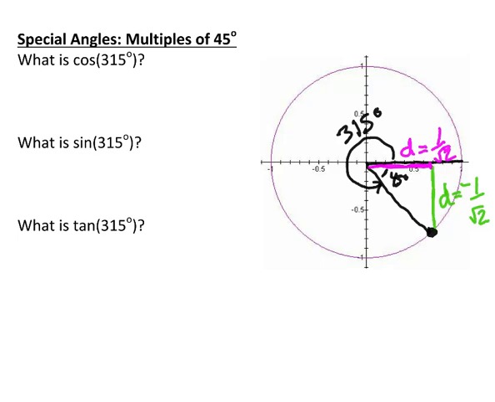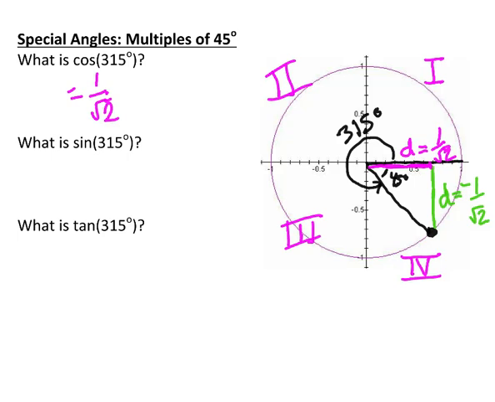You can also remember that cos is always positive in quadrant 4, and this angle is drawn in quadrant 4. This is quadrant 4 down here. So right, this is 1, 2, 3, 4, if you remember the quadrant numbers. So we're down in quadrant 4 here. Cos is positive in quadrant 4 because it's on the positive x-axis there. So cos of 315 is positive 1 over root 2.